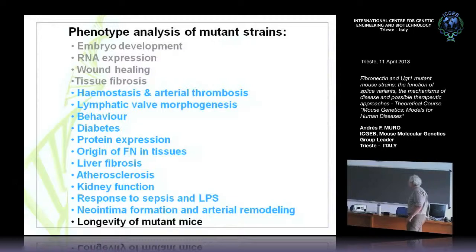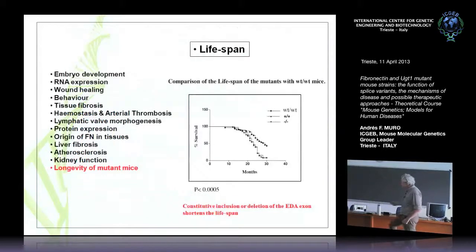And what was very curious for us was that the lifespan of the animal, in both cases, the plus plus, the one that includes the EDA exon, or the minus minus, the one that does not contain the EDA exon, in both cases was reduced.